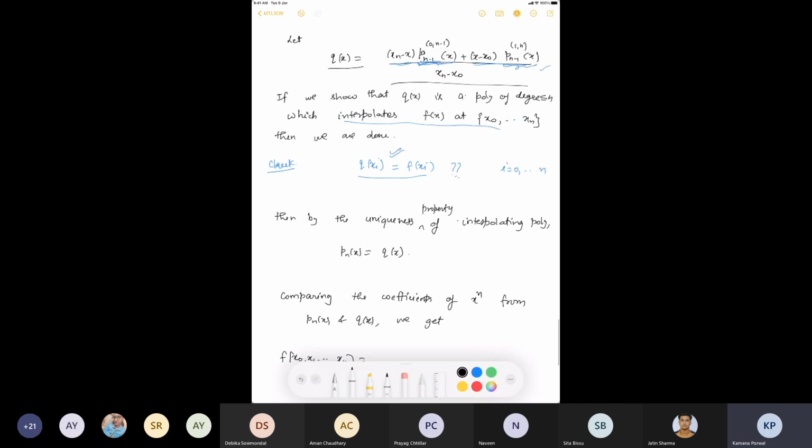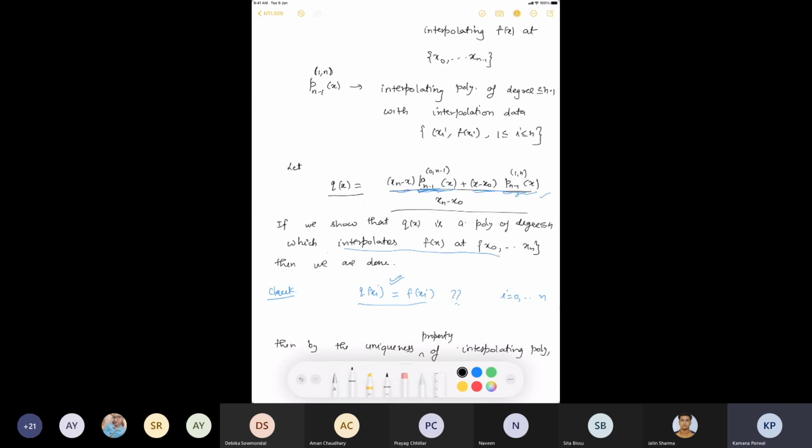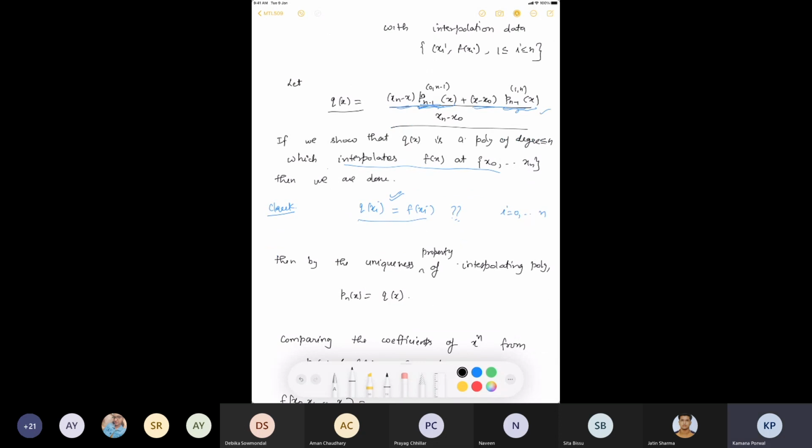And what will I get from the polynomial on the right hand side? Pn minus 1 is a polynomial of degree less than or equal to n minus 1, and I want the coefficient of x raised to power n. So I have to see that it will multiply with the x, minus x here. The highest order term in this Pn minus 1, when you multiply it with the minus x, gives you the coefficient of x raised to power n from here.